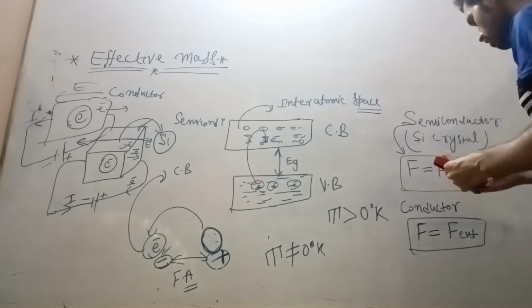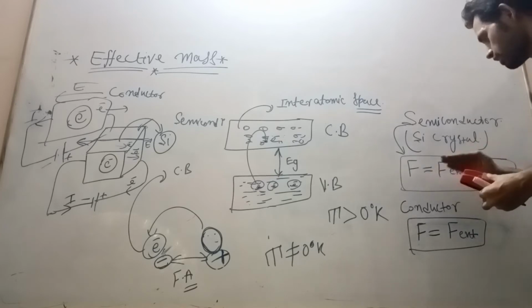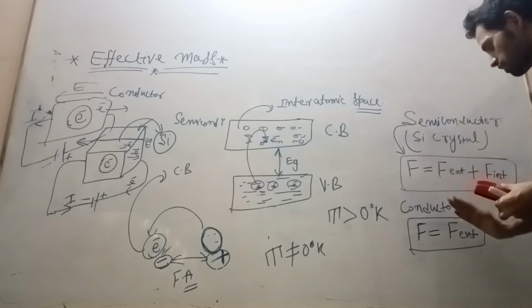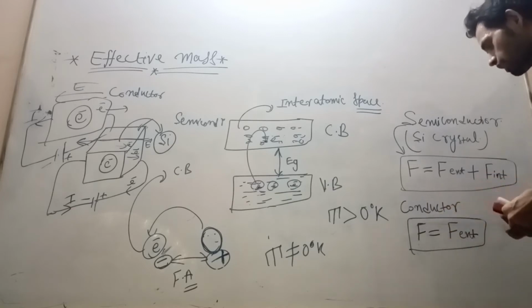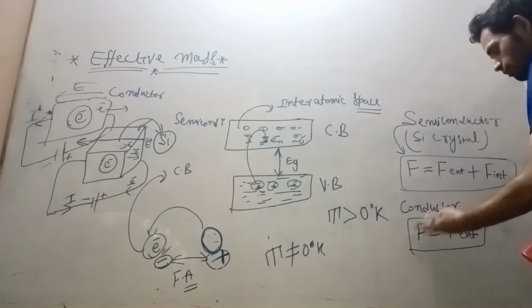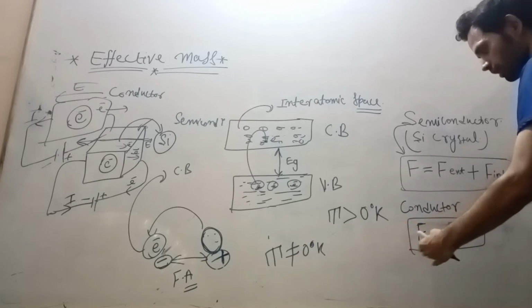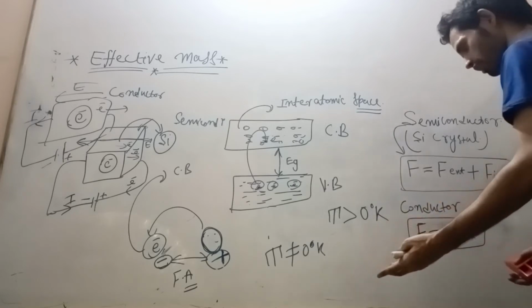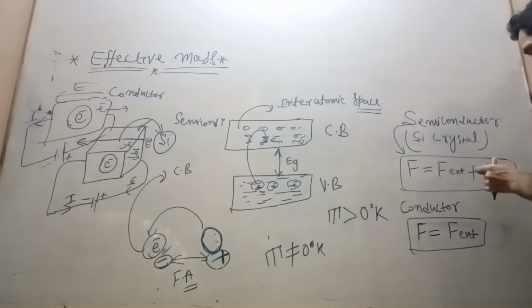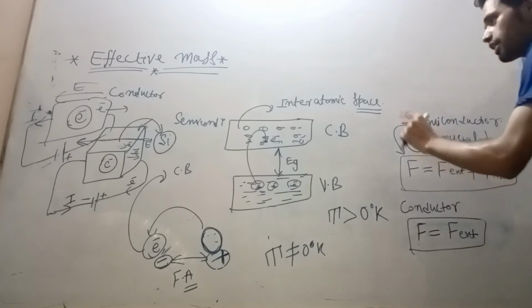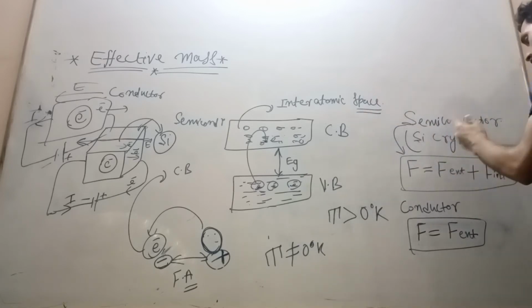Why? Because in a semiconductor there is a formation of allowed energy bands, that is the conduction band and the valence band. But in a conductor there is no valence band, only the conduction band. Only the conduction band means there is no hole, no positive charge particle, so there is no electrostatic force of attraction. But in a semiconductor there is an internal electrostatic force of attraction which influences the motion of the electron inside the crystal, that is in the conduction band.